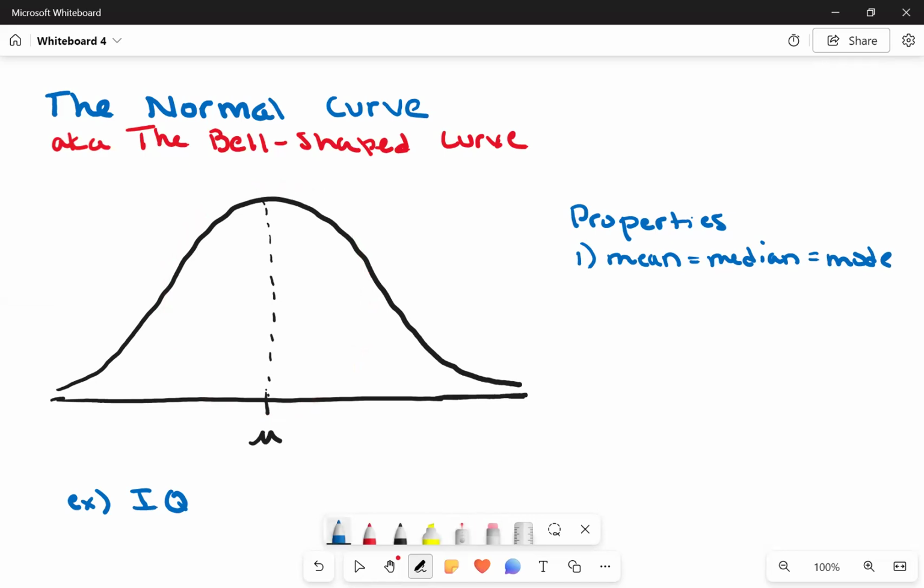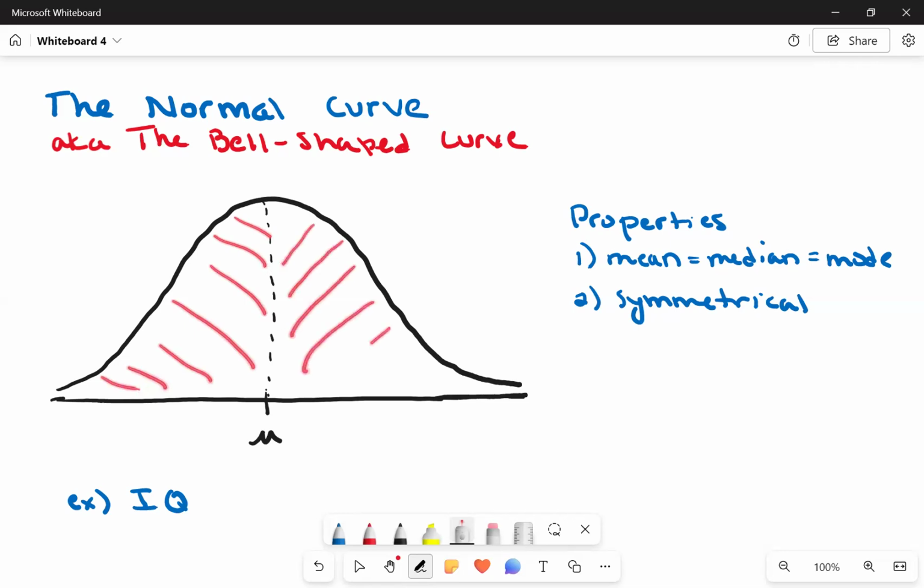Okay. Second, I already said this, but I want to write it. It's symmetrical. In other words, 50% of the data lies below the mean. So over here is 50% of the data, and over here is the other 50% of the data. It splits it in half. Okay. Number 3.